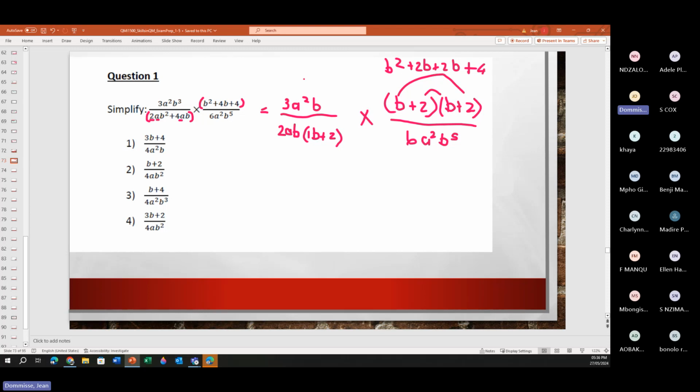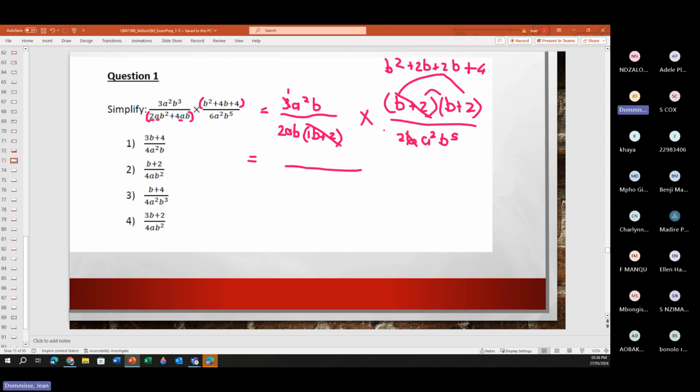Okay, now you see everything above is multiplication, everything below is multiplication. Now we are allowed to simplify. Here is a b plus 2 at the bottom. There is a b plus 2, so those two can cancel out. Now we can say 3 goes into 3 once, 3 goes into 6 twice.